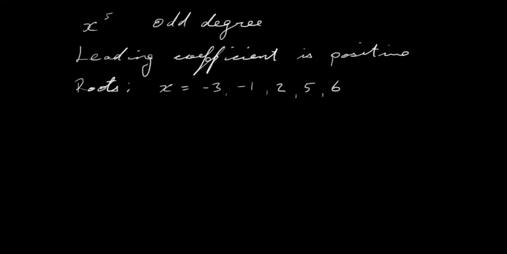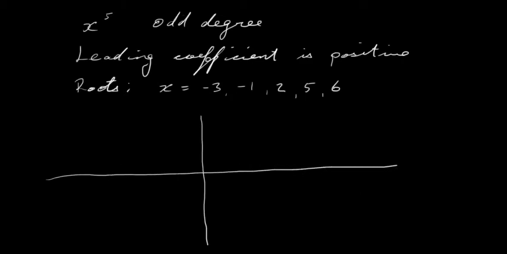Now, I'm going to do this fairly roughly. Obviously, you would use a ruler and do the scales properly. I'm just doing this freehand, so it's going to be a little bit inaccurate, but let's have a look anyway. So we're going to do our y-axis, which will look something like that, and our x-axis, which will look like this.